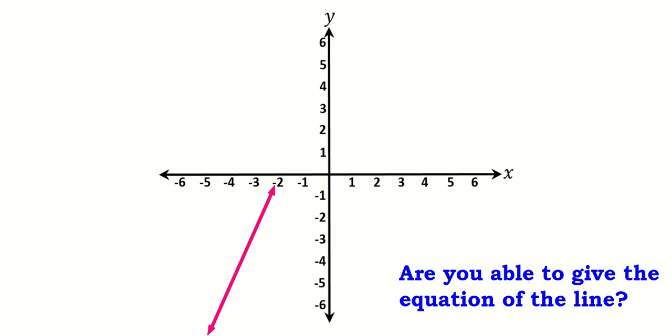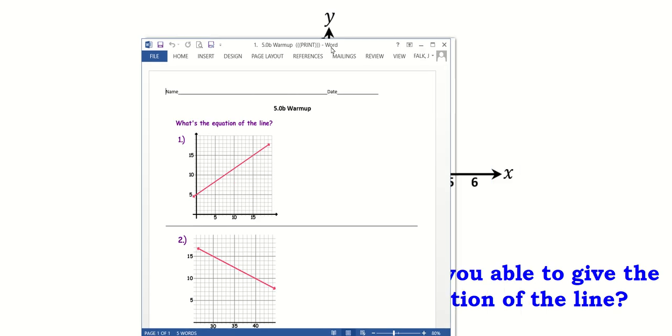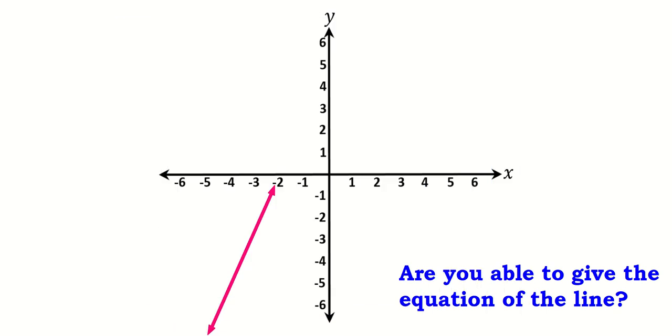So the warm-up. This first part isn't literally on the warm-up paper, so nothing to write, just think to yourself, looking at this graph of this line, are you able to give the equation of this line?